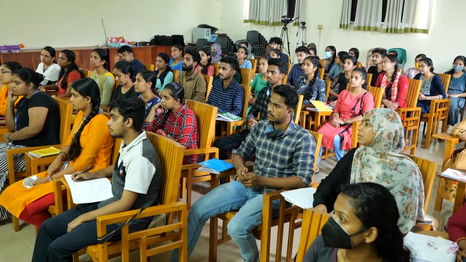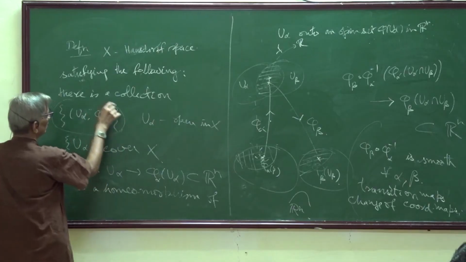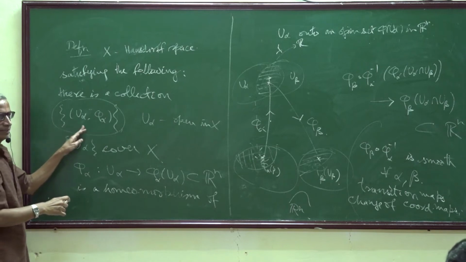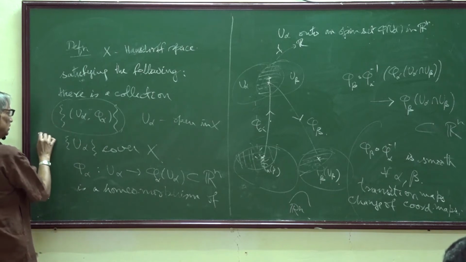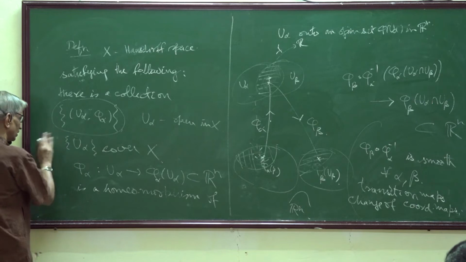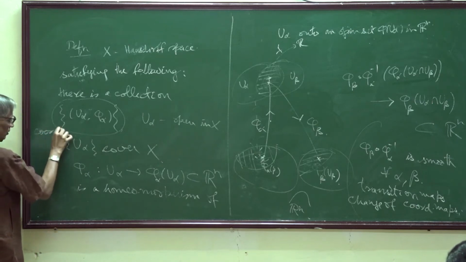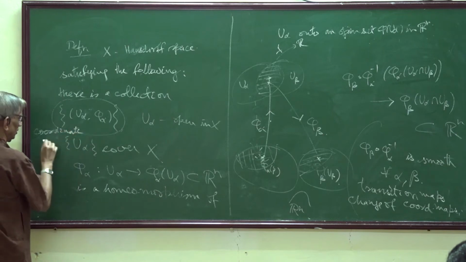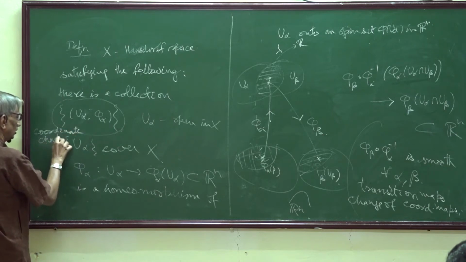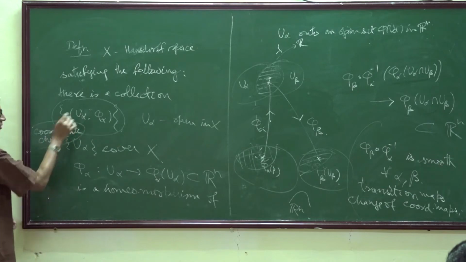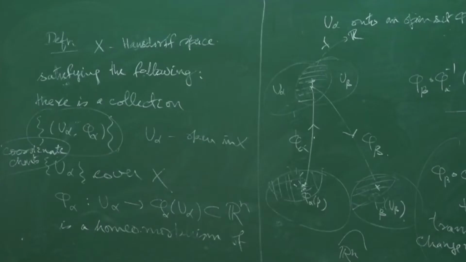So a space equipped with all this structure, each of these u alpha, phi alpha pairs are called coordinate charts. Each u alpha, phi alpha is called a coordinate chart because each of that gives you a set of coordinates for points in u alpha.